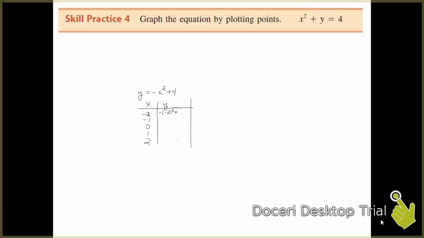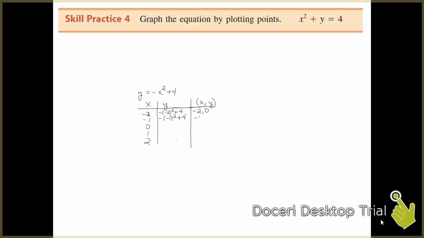Okay, since I'm going to calculate negative 2 squared plus 4. Well, that's going to be 4, make it negative, so that's going to end up being negative 4 plus 4, which is 0. So negative 2, 0. Okay, that's my x, y. This one is going to be negative 1 squared plus 4.